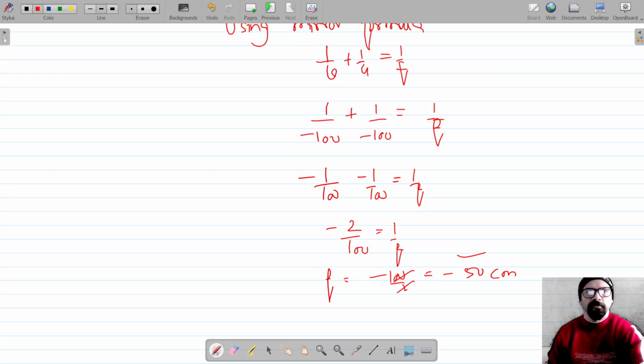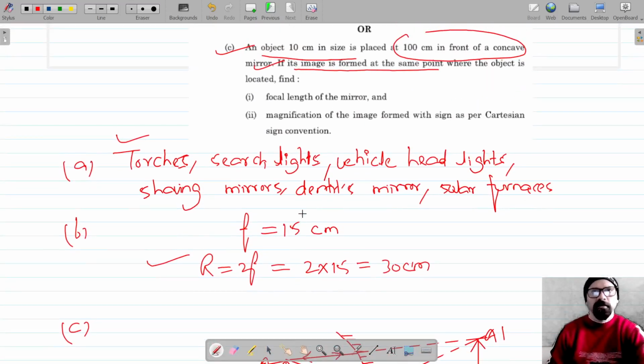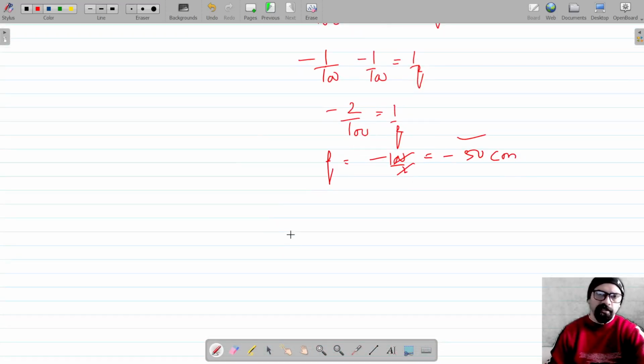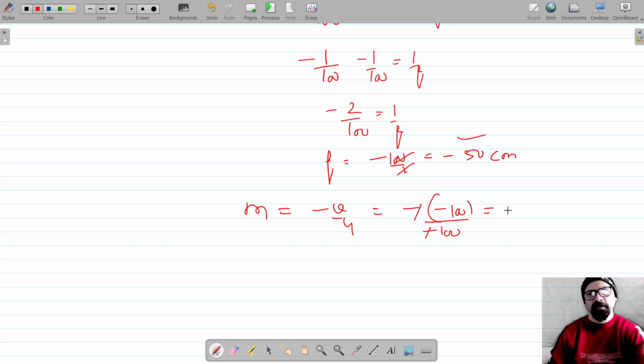Okay, so what is the next part? We have found the focal length and now the magnification of the image formed with sign as per sign convention. Now the magnification is given by negative v by u. v is negative 100, u is negative 100, and magnification is negative 1.